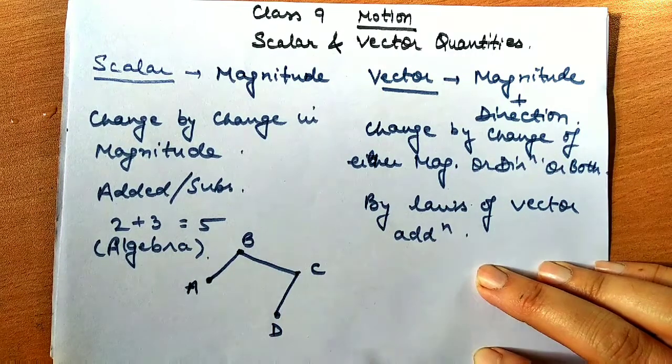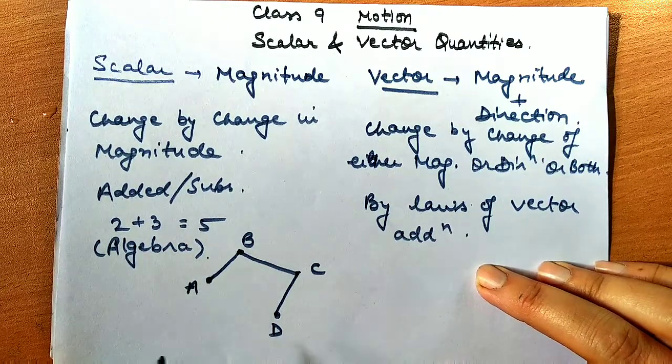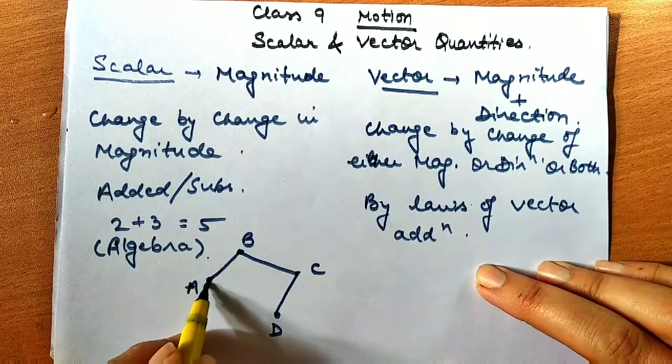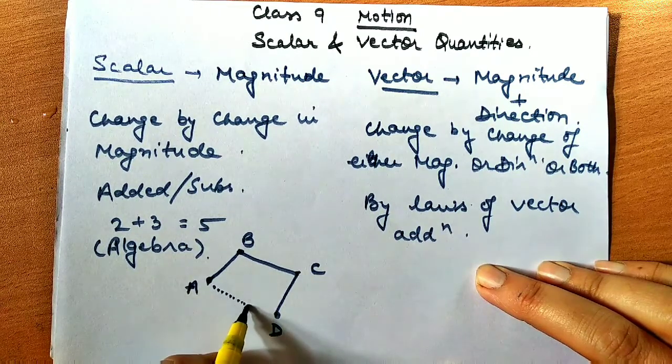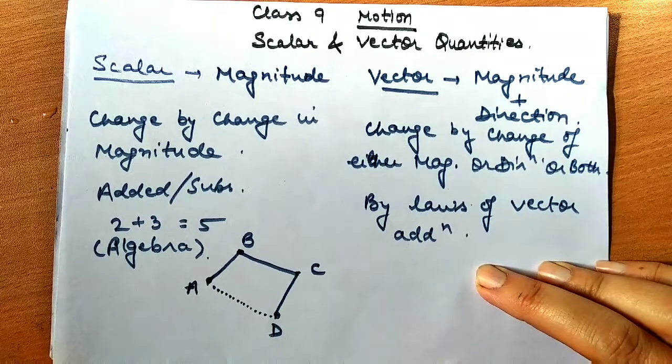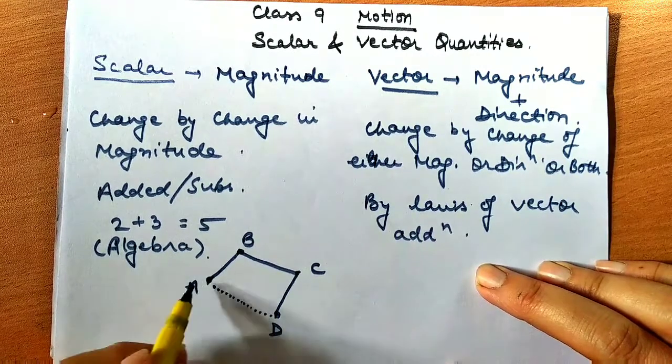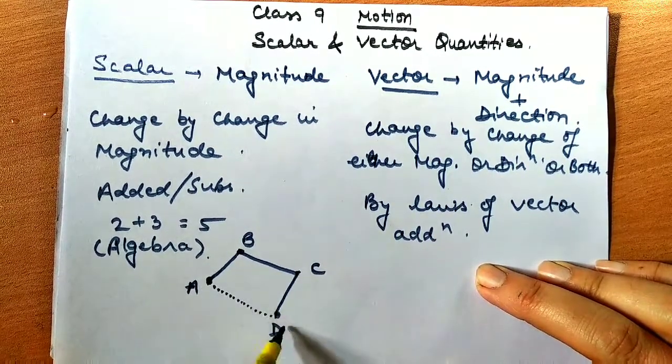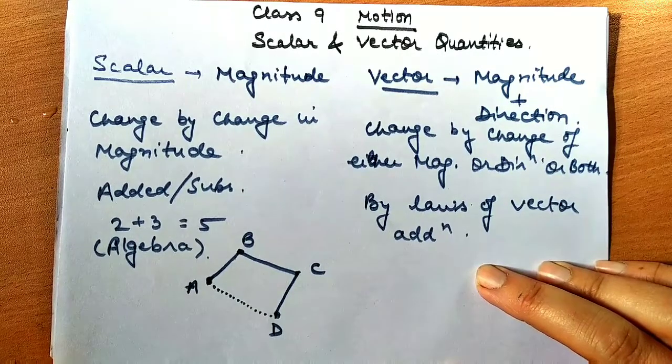Whereas displacement, which is a vector quantity, is the shortest path measured from initial to final position.